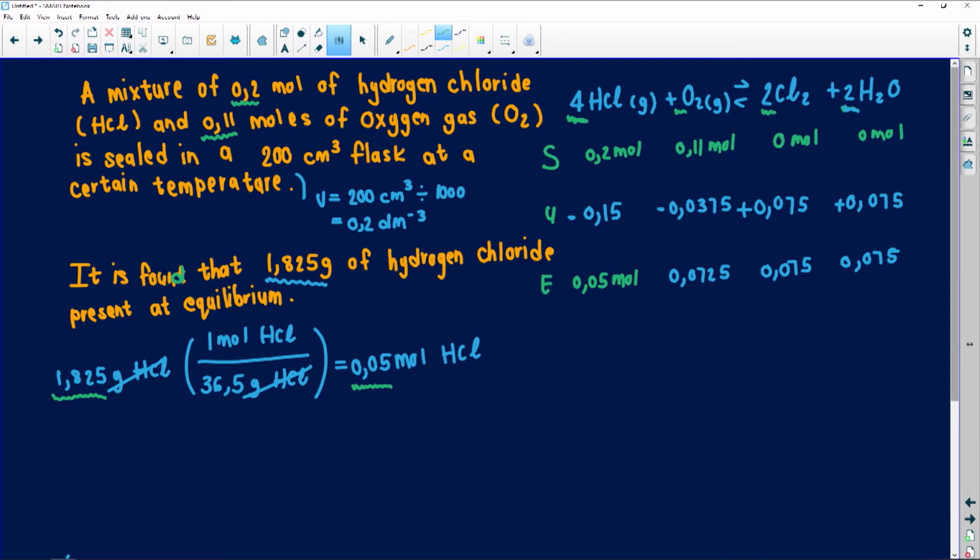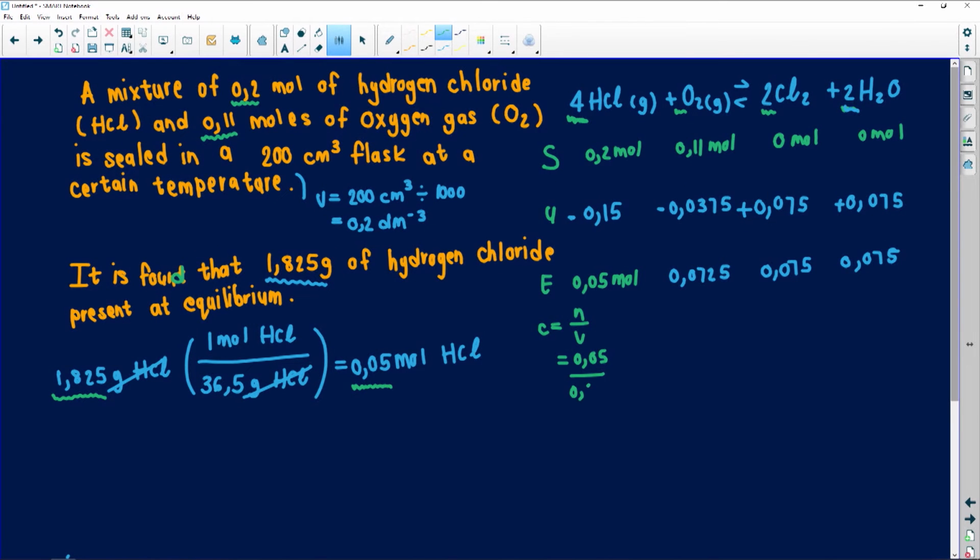I need to calculate my Kc. Now, concentration is N over V. My moles at equilibrium, I've got 0.05. Now, they've told us that the flask was 200 cubic centimeters. If you do not convert the 200 cubic centimeters to cubic decimeters, unfortunately, you're going to lose marks and you might even face some negative marking. So let's not do that. So I'm going to use the 0.2.